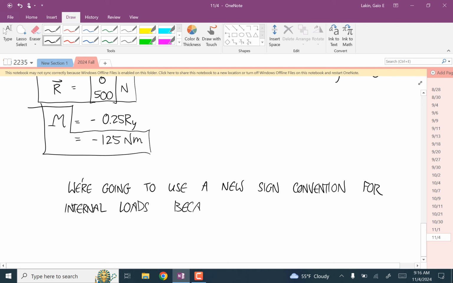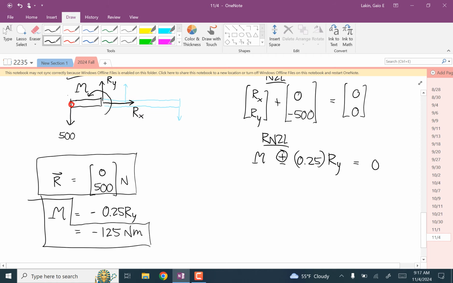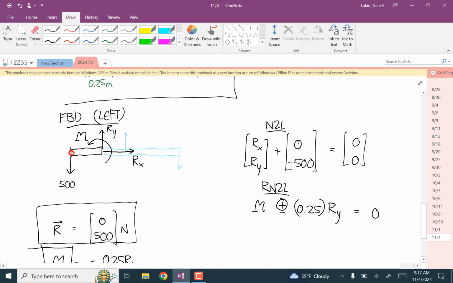Because we would like internal load values to be independent of how we calculate what's going on at that seam.